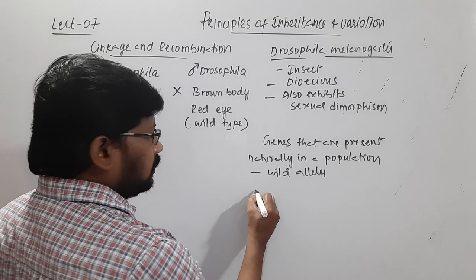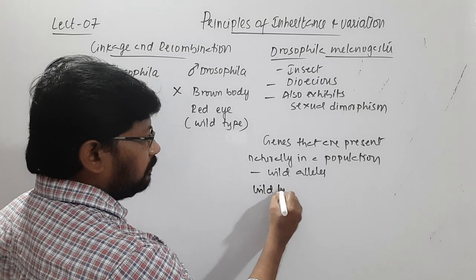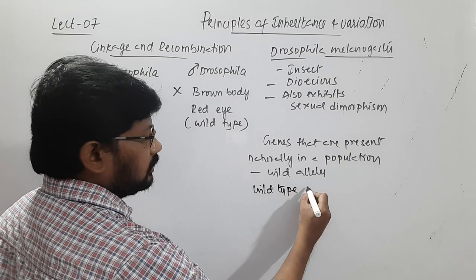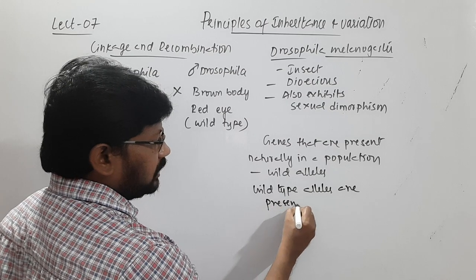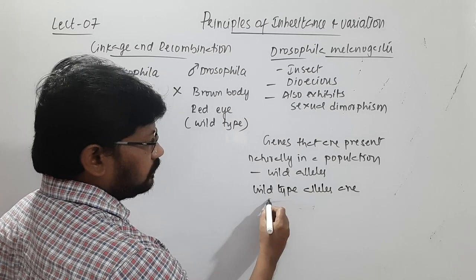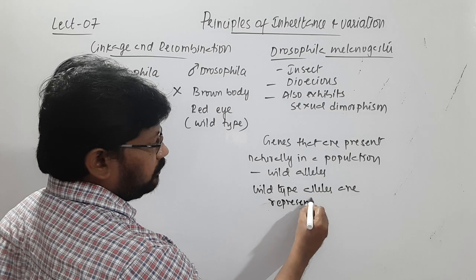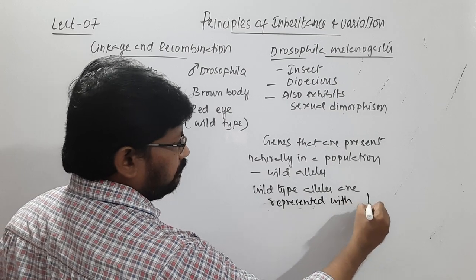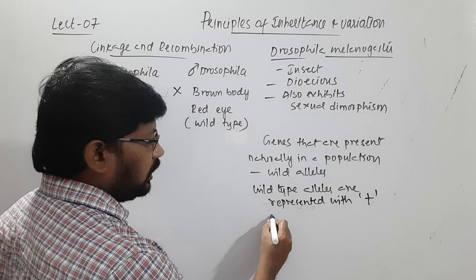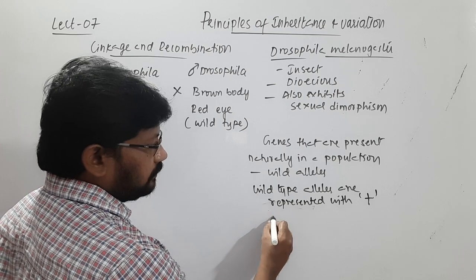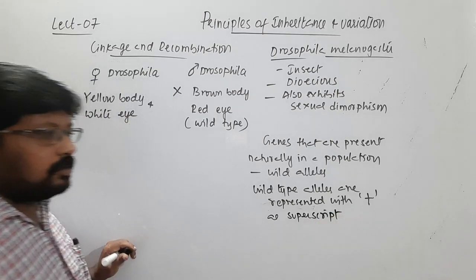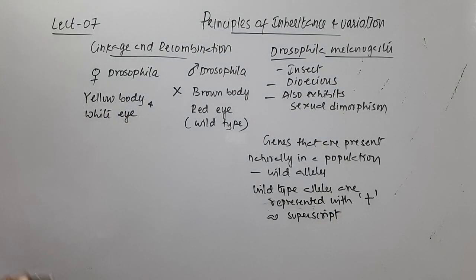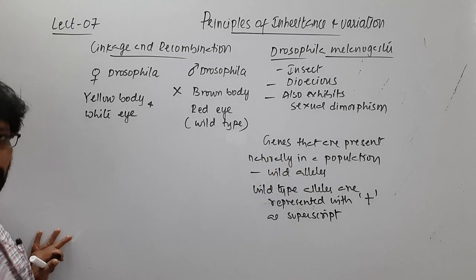One more point: wild type alleles are represented with a plus symbol as a superscript on the allele, which I will show you shortly.